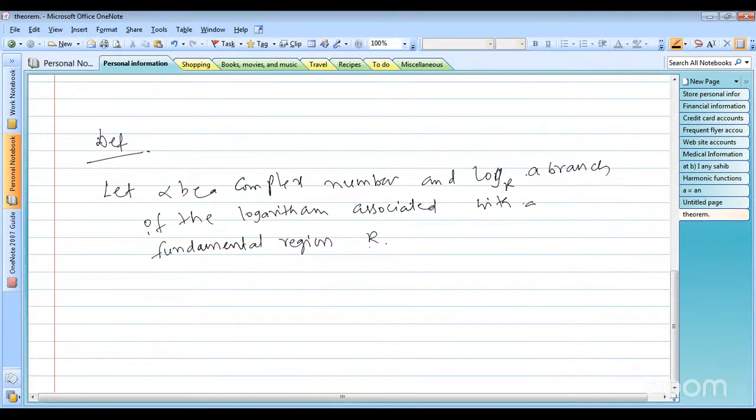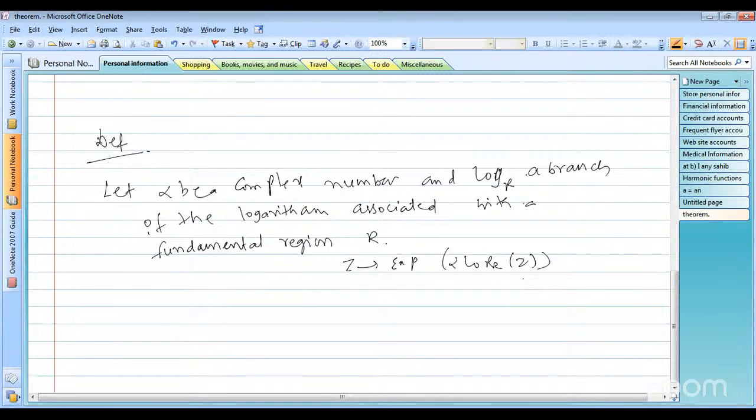The branch of the logarithm is associated with the region R. Therefore we take the function z goes to exponential of alpha log R of z, for z in the domain of log R. This is called the power function.